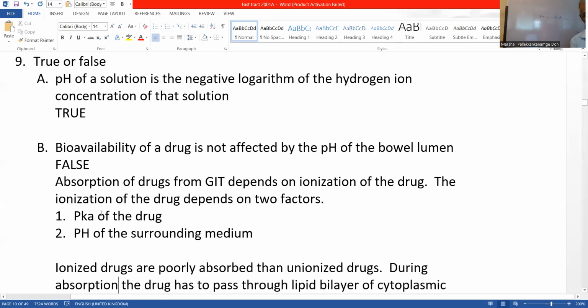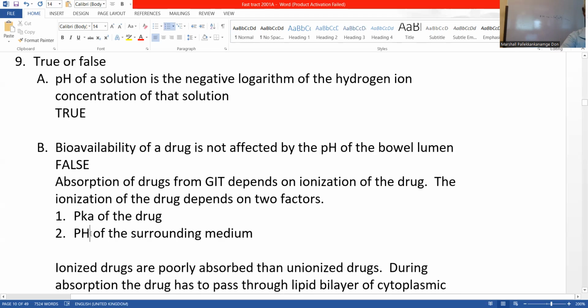The absorption of drugs from the GIT depends on ionization of the drug. So two factors are affected here: the pKa of the drug, which I will explain in another lesson, and the pH of the surrounding medium.